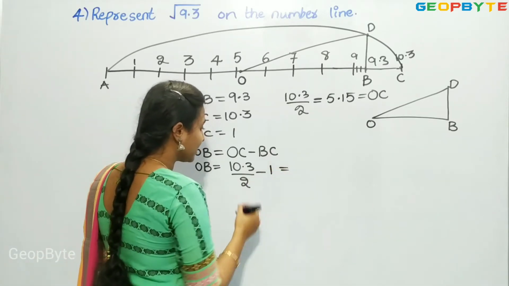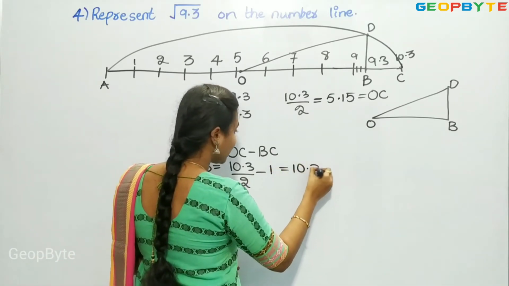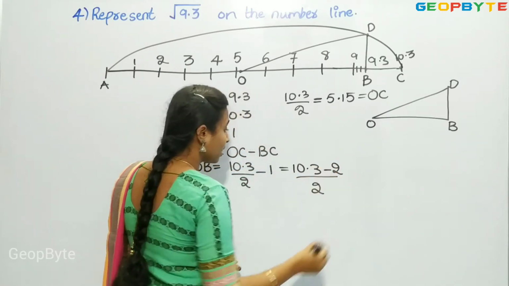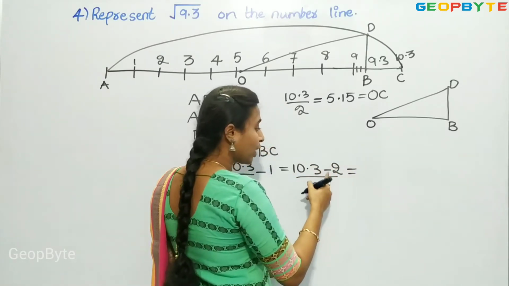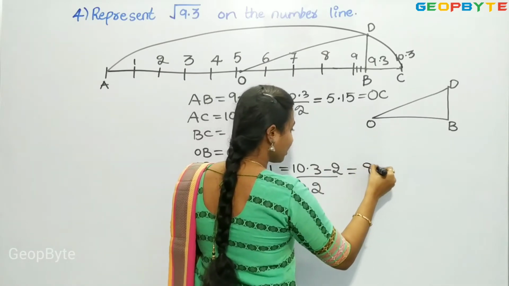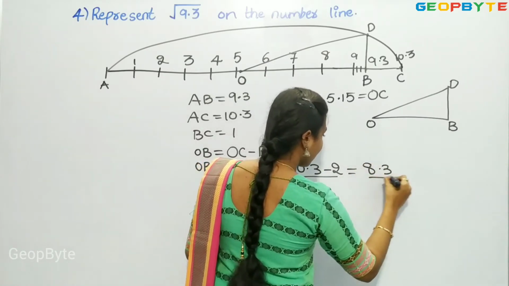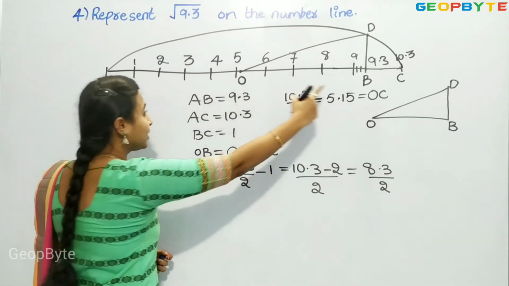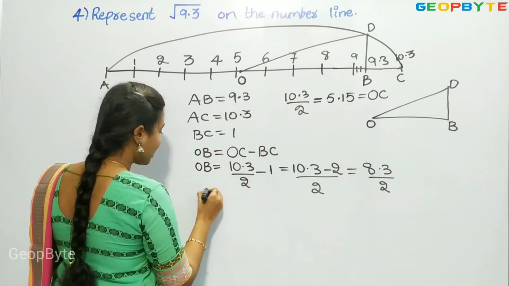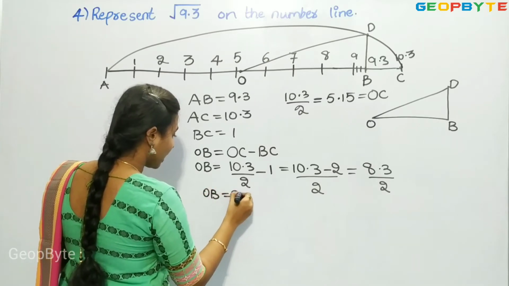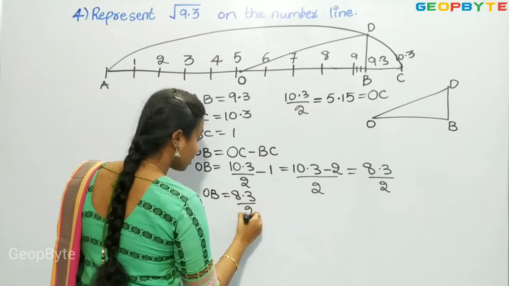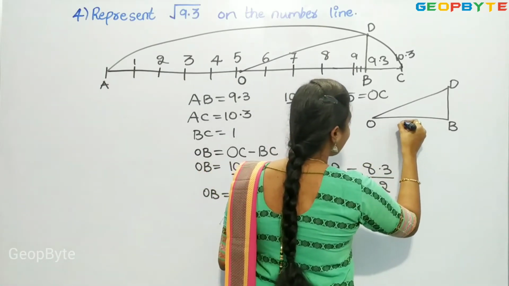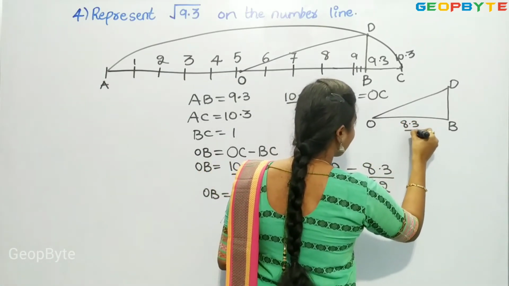If we take the LCM, it is 10.3 minus 2 by 2, which gives 8.3 by 2. So the length of OB is 8.3 by 2.